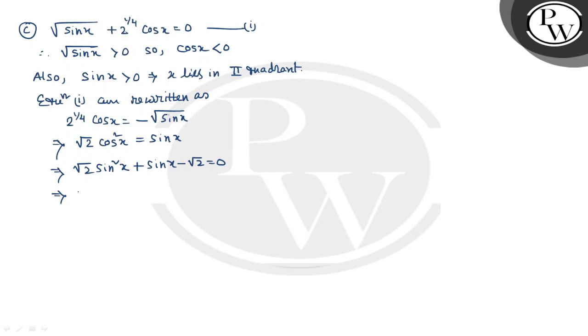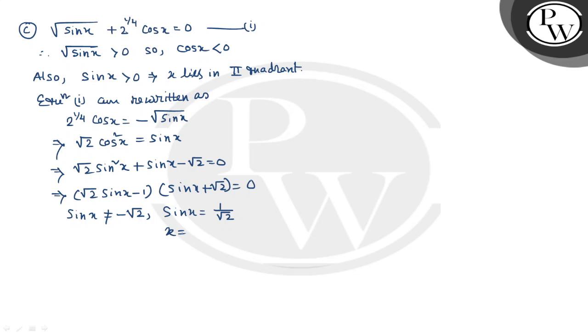So you do the simplification: root 2 sin x minus 1 into sin x plus root 2 is equal to 0. So you can write down that sin x is not equal to minus root 2 and sin x is equal to 1 by root 2.